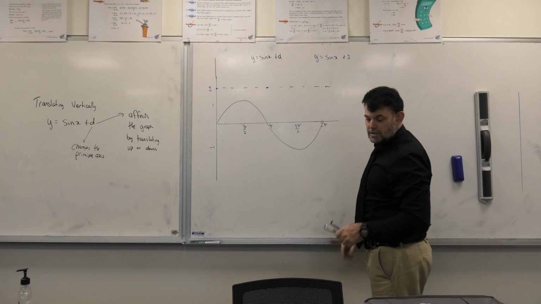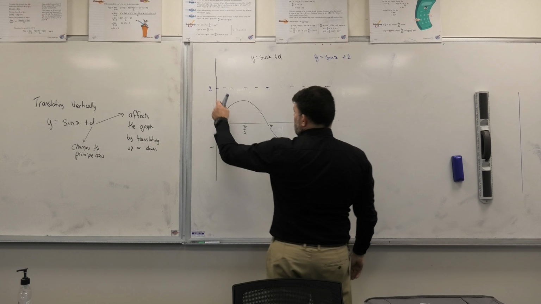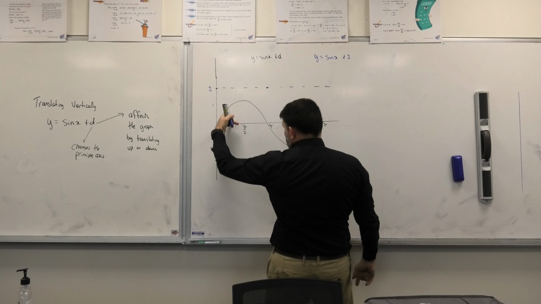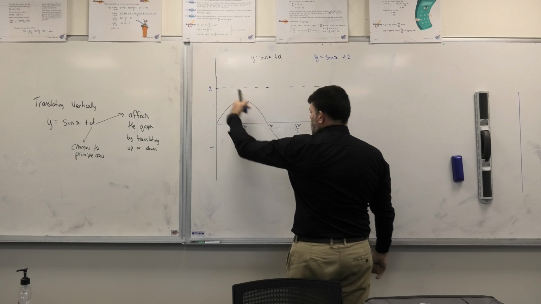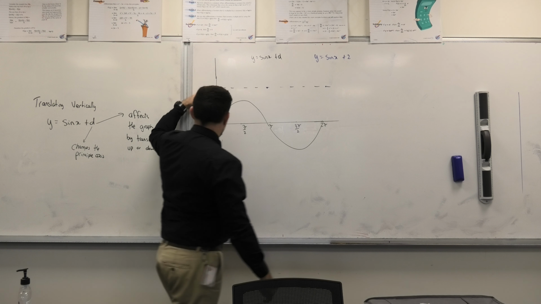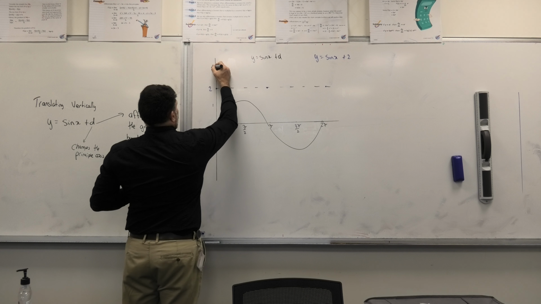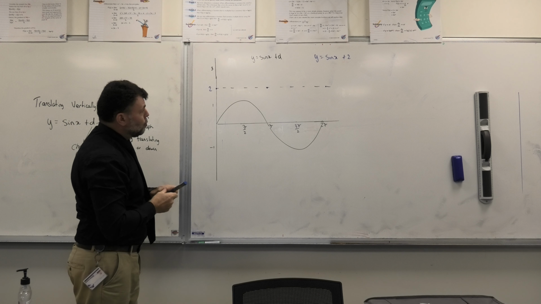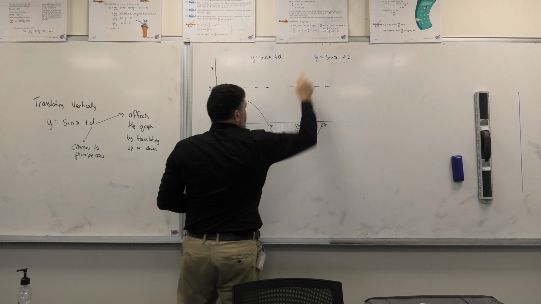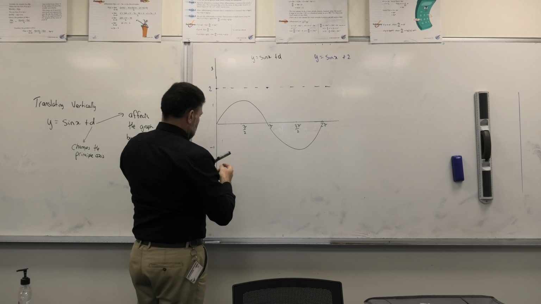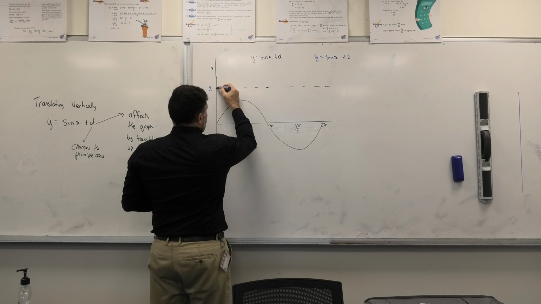The only difference I'm doing here now is that instead of coming down below here, I'm coming down 1 and I'm going up 1. So therefore, my amplitude is still 1 because I have no other value except for 1 there. So I'm going to start at 2.